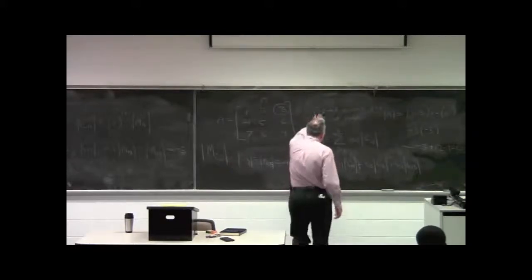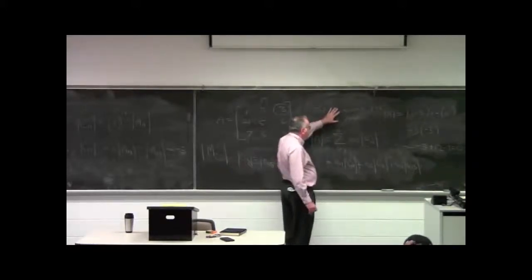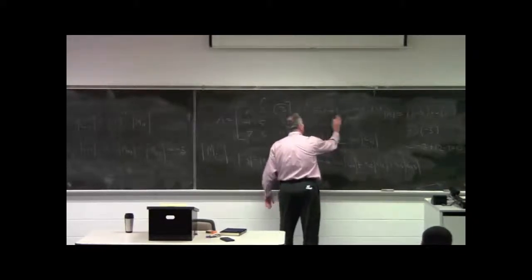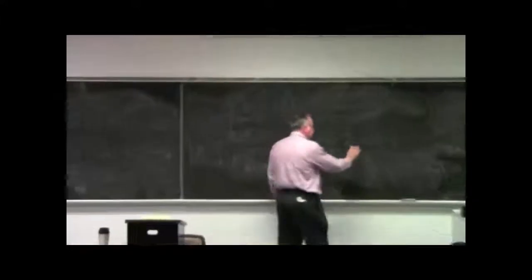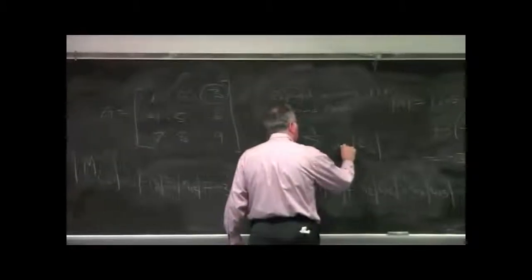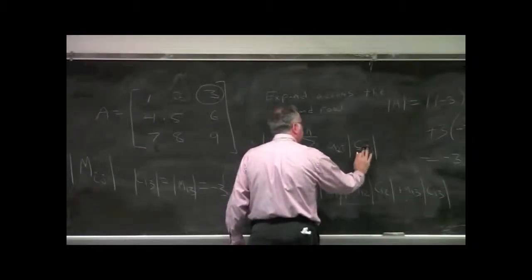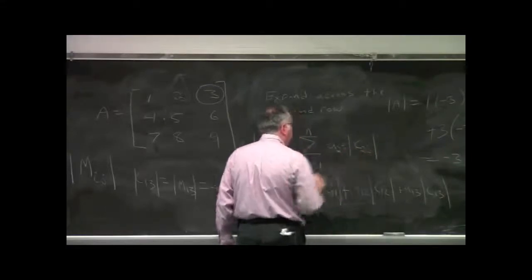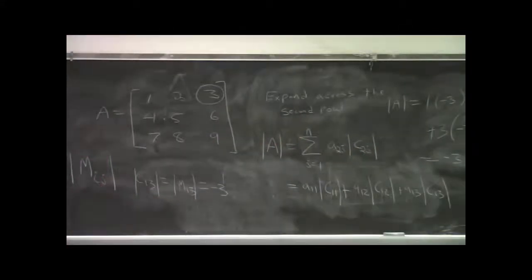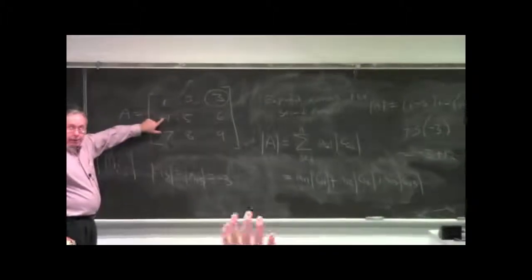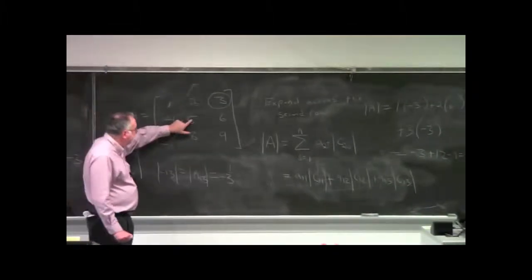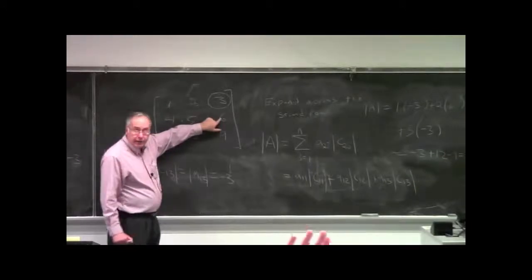We assumed we are expanding across the first row. But if we expand across the second row, we would just change the formula as follows. Instead of A1j, it would be A2j. Instead of C1j, it would be C2j. In other words, we would start with 4, and we would multiply 4 times its cofactor, plus 5 times its cofactor, plus 6 times its cofactor.